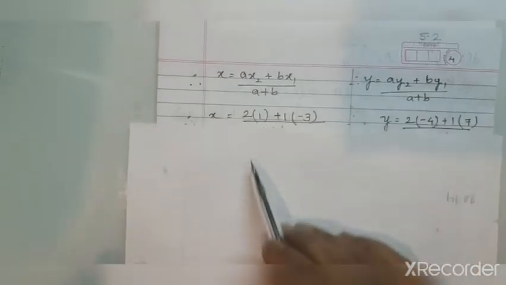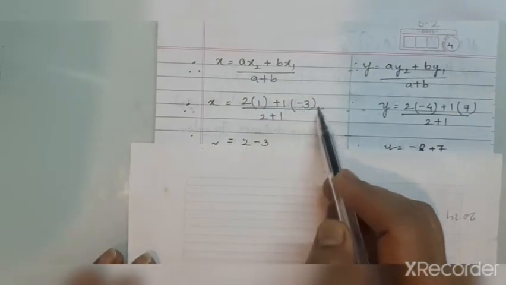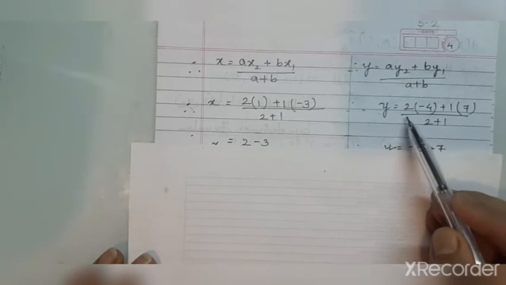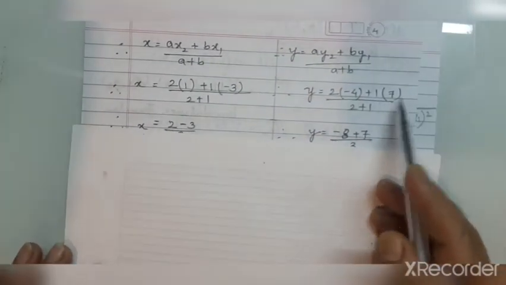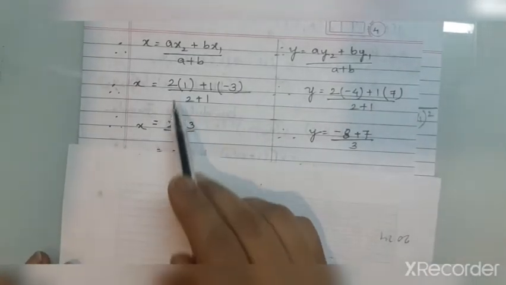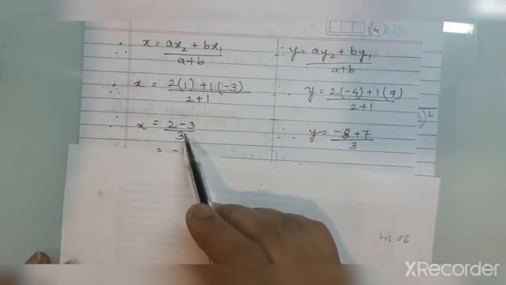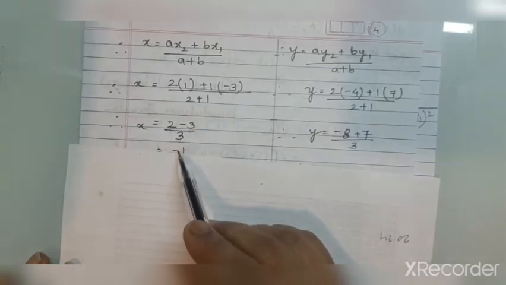So in the same way we are going to substitute 2 into 1 plus 1 into minus 3 upon 2 plus 1. Here, substitution 2 into minus 4 plus 1 into 7 upon 2 plus 1. Just substituting the values, 2 ones are 2, plus into minus is minus, 3 ones are 3, upon 3. Now 2 minus 3 is minus 1.